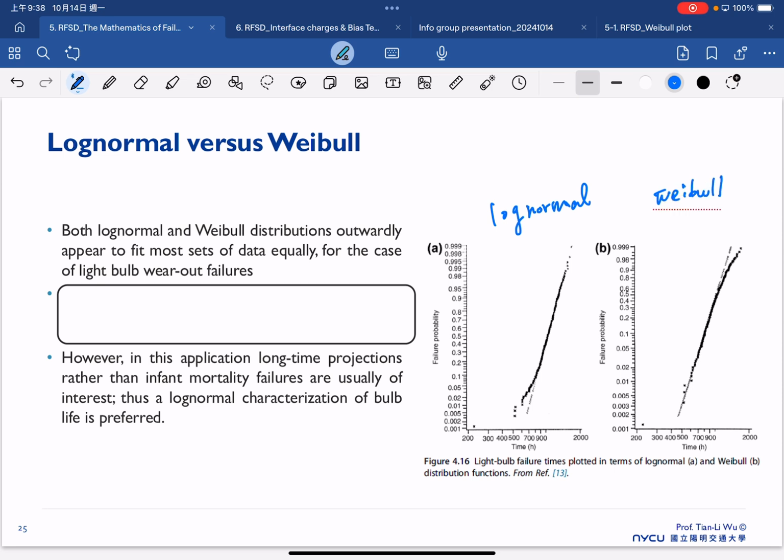You can find that both distributions appear to fit most of the data set very well.